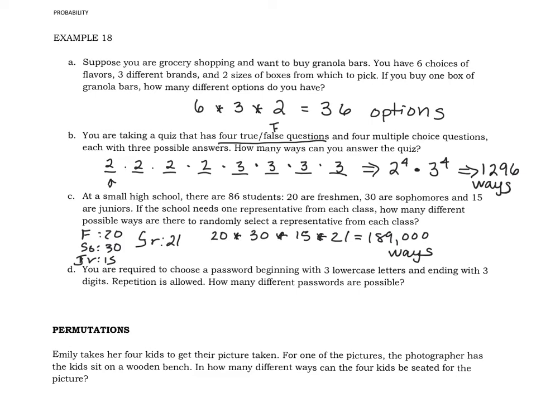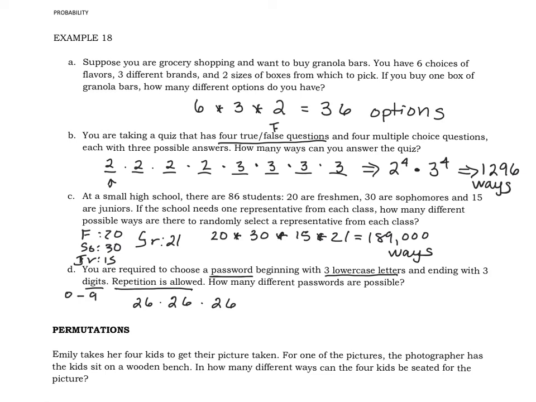All right, lastly, you're required to choose a password beginning with 3 lowercase letters and ending with 3 digits. Please remember that digits are 0 through 9. So 0, 1, 2, 3, 4, 5, 6, 7, 8, 9. So that's 10 choices. And it says repetition is allowed. How many different passwords are possible? Well, you have 26 choices for the first one, 26 for the second one, 26 for the third character there.